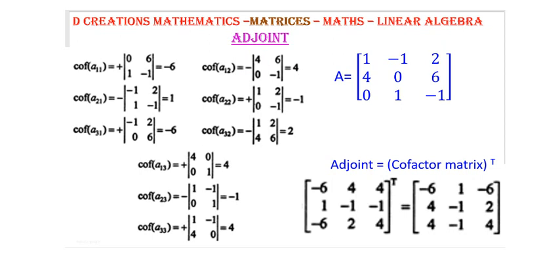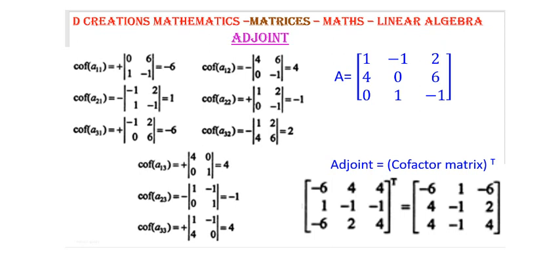Let's go to the cofactor of element A21, row 2, column 1. So what are you left with? You have to exclude these and you are left with minus 1, 2, 1, minus 1. And if you take its determinant, minus 1 into minus 1 is 1. Minus 2 is minus 1.